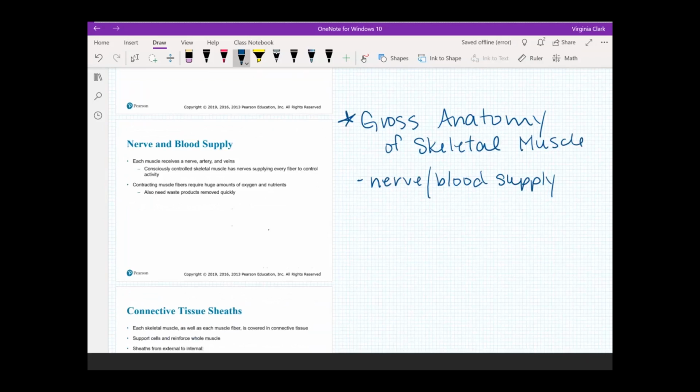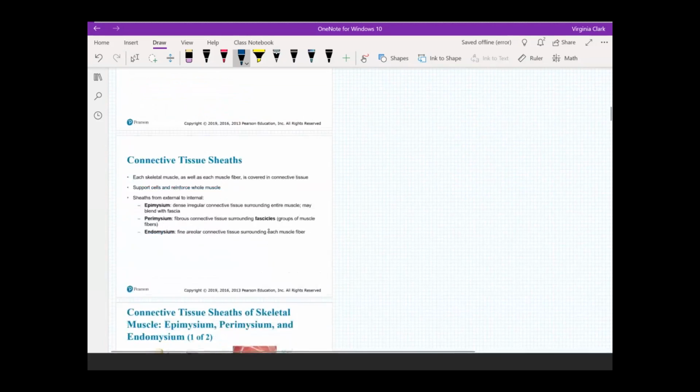This is really important for the nerve, artery, and vein, because as you go through the process of contracting, you will use huge amounts of oxygen and nutrients. So we need a lot of blood in order to be able to produce the movements that we are going to talk about. So this is highly important for our skeletal muscles to have nerve and blood supply.